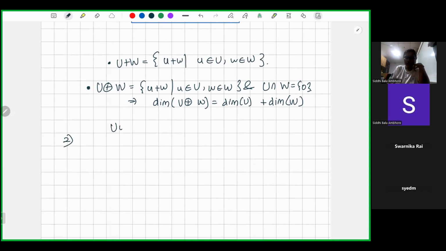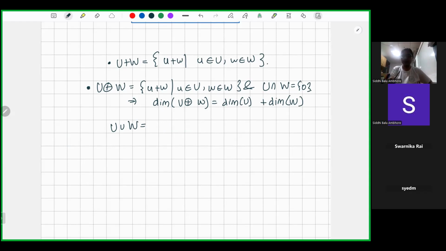And U union W is just... the subspace generated by, it is the span of U and W, if I write it correctly. When I write U union W, it is just the basic union.